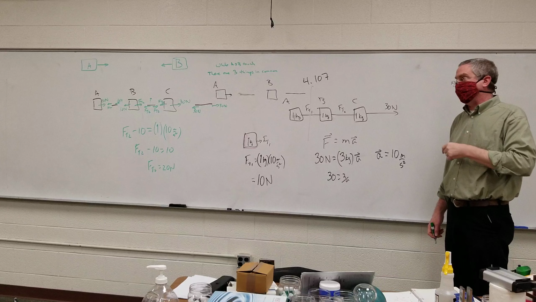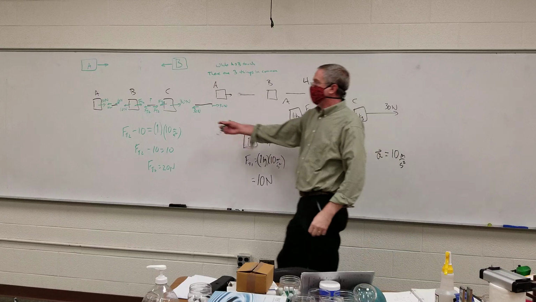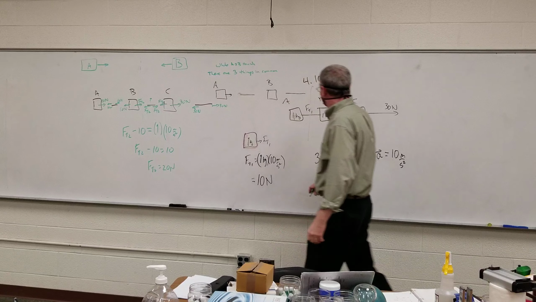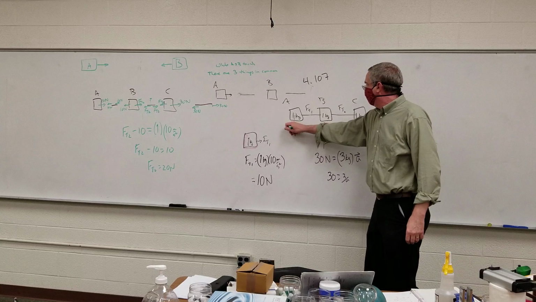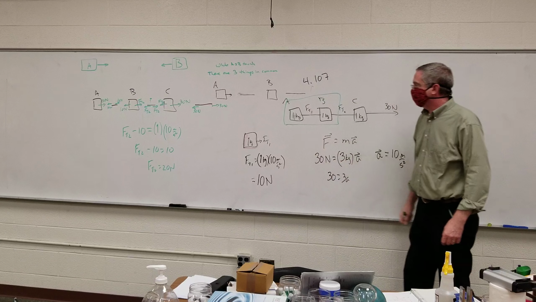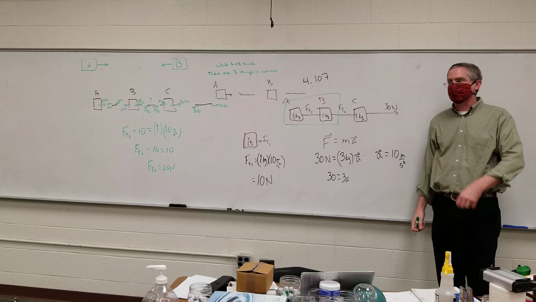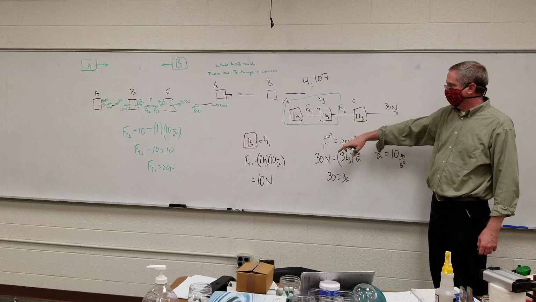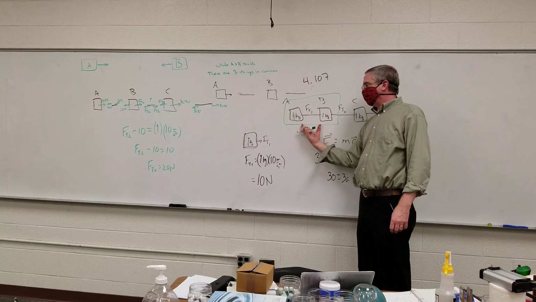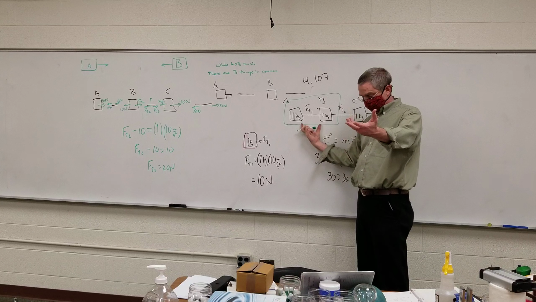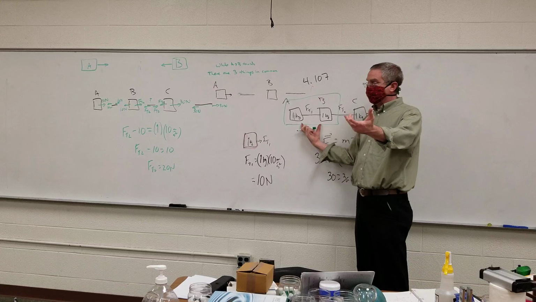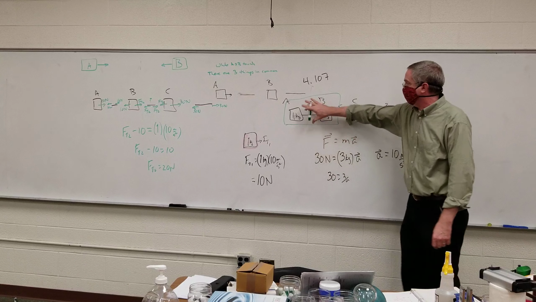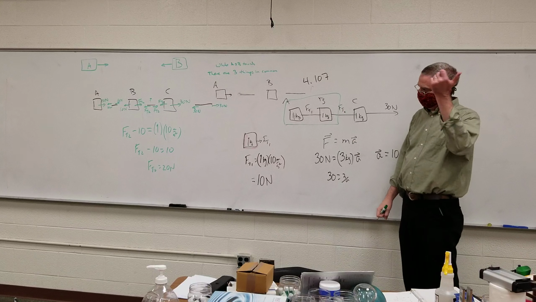We could have also looked at this rope between B and C slightly differently. I could have looked at this combined object here, being pulled by this rope, and done similar to what I did right here, the total mass being moved. What is the total mass that's being moved if I'm looking at just this? 2 kilograms.